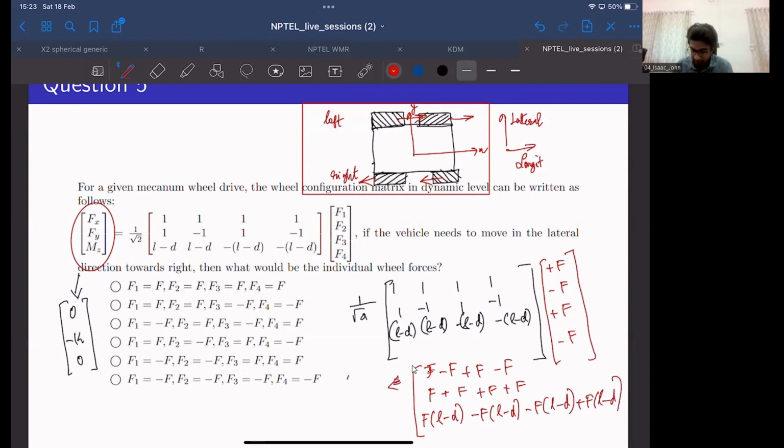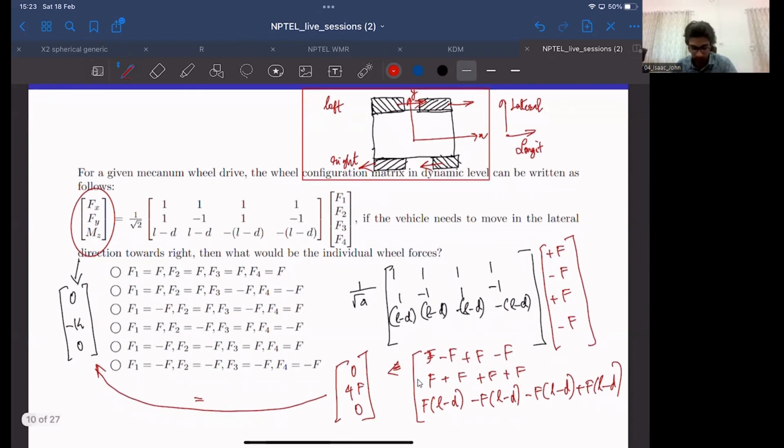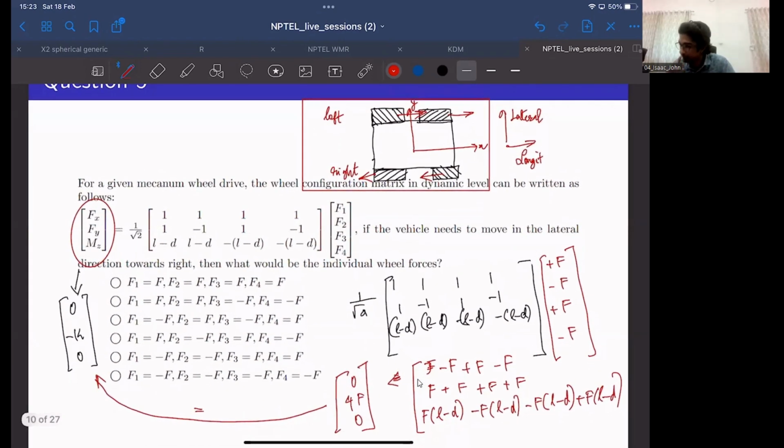So on simplifying, this would look like 0, 4F, 0. So if you compare the left-hand side and right-hand side, this is exactly how we want our force vector to be. So in that regard, we can confidently say that option 4 is the right answer.